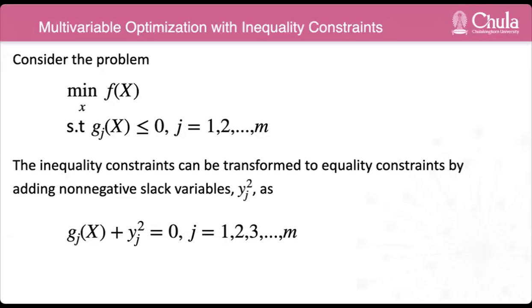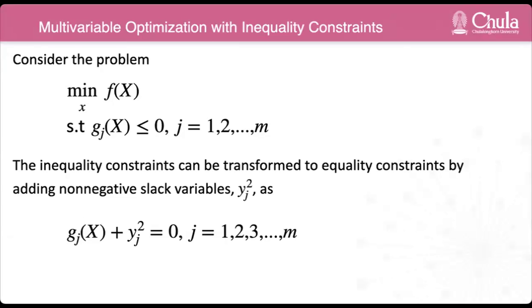This inequality constraint is not active, right? If it's not active, then this sign, lesser or equal, becomes lesser, which is not involved in the objective function anymore, right? It does not define the optimum point.